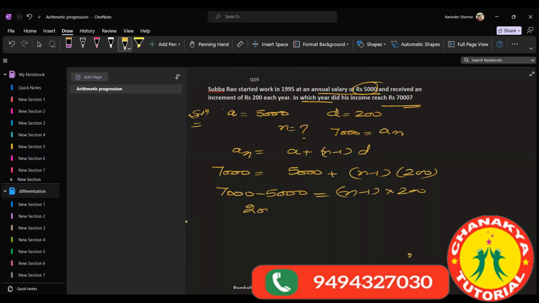Now 2,000 divided by 200 is equal to N minus 1, so N minus 1 is equal to 10. Then N is equal to 11. It means in the 11th year, he will reach 7,000 salary.